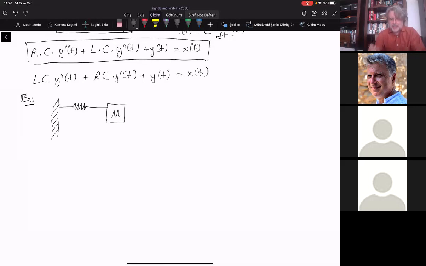It's a spring. And there is a damper. The damper is notated like this. That is also connected to the mass. And the mass is connected to a user which applies a force to the right-hand side.